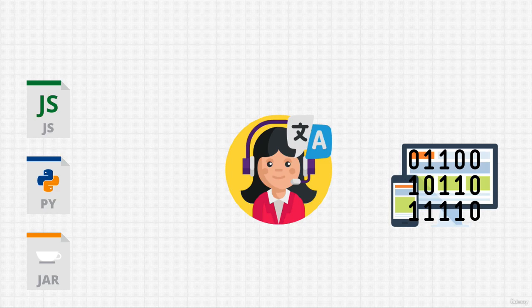We take our code that we write, what we call source code, written in a programming language, and we give that to a translator that can understand that language, but also understands machine language. And this translator just translates these files for us.